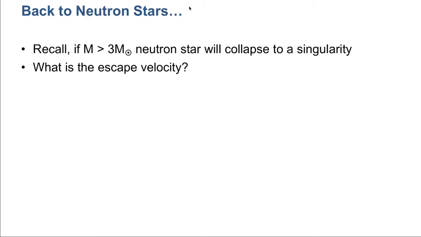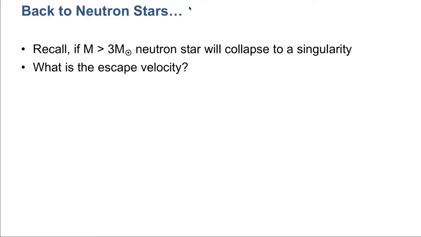We were talking about large, massive stars that collapse at the end of their lives, and how very large stars go supernova, and that core collapses into a neutron star, and that neutron star is supported by neutron degeneracy. Well, if that collapsed core is big enough, then not even neutron degeneracy can support that core.